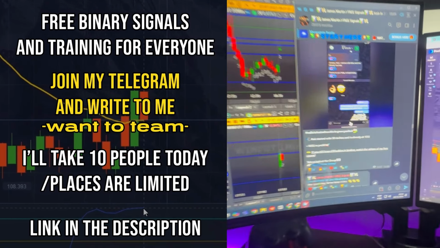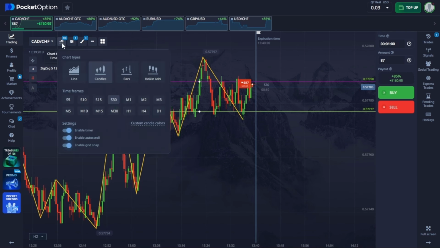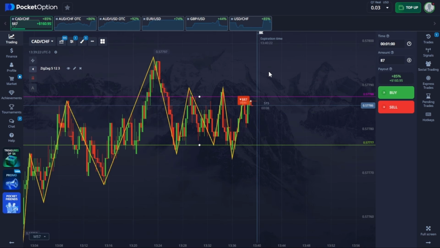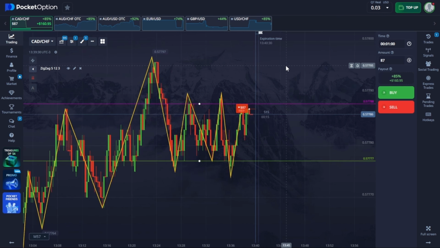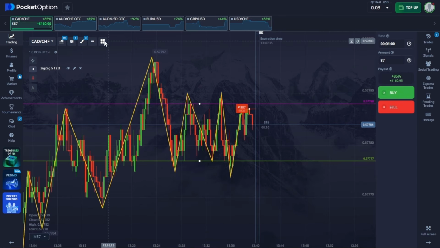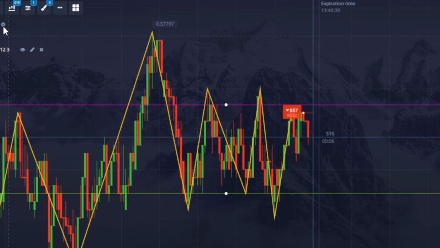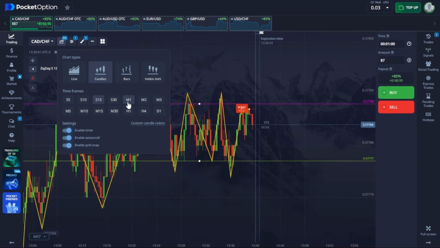See you there, guys. You can see that it's pretty good. You can change between the 15 seconds, 1 minute, 30 seconds. That is pretty good to help you identify all the corrections, this reversal that is happening here. And look, that's why it's important to use 1 minute expiration time, guys. That is very volatile. All right.